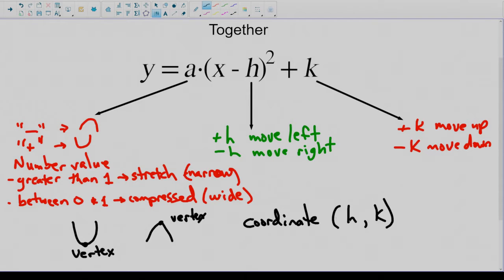This is the H value with the opposite sign of what's in the bracket. So if H was -3, and we're going to see this in an example in a minute, it would be a +3 in the coordinate for the vertex. K matches whatever it is. This is why it's called the vertex form: you can very easily find the very highest or very lowest point on any parabola just by looking at the H and K in vertex form.